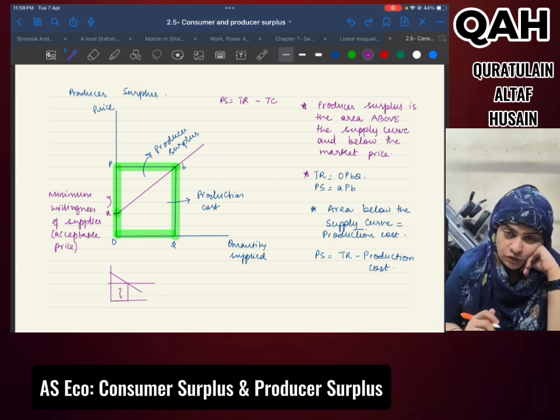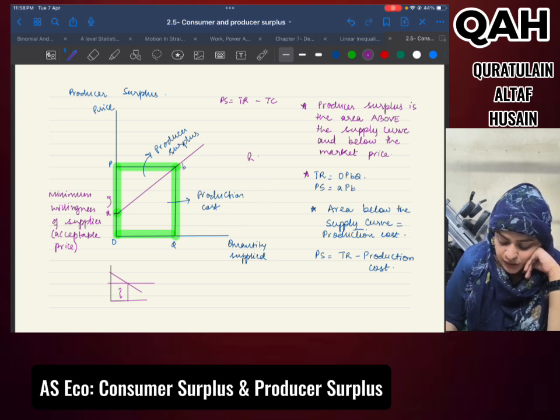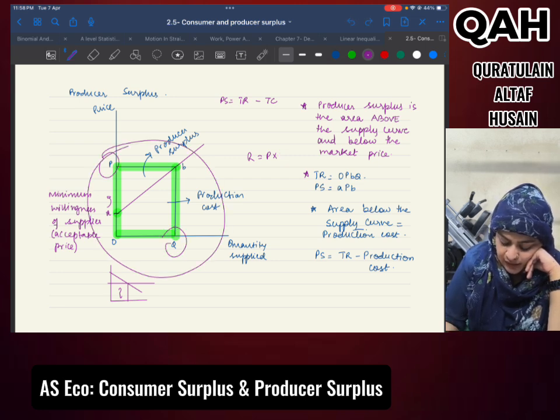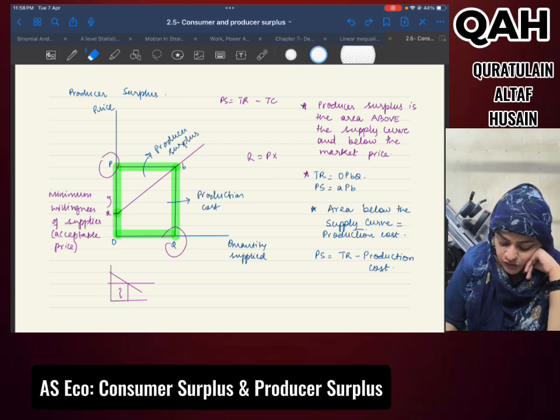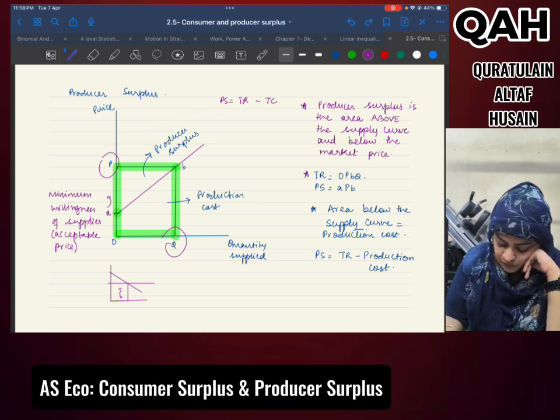If we talk about the total revenue of the producer, what will be the total revenue? I said this is production cost, but what will be the revenue? Revenue is equal to price times quantity. So this is the price and this is the quantity. So this entire rectangle becomes the revenue of the producers. Out of this revenue, this is production cost and this will be the producer surplus.